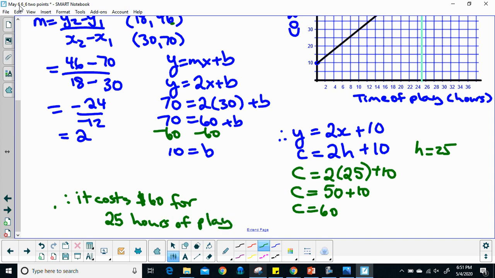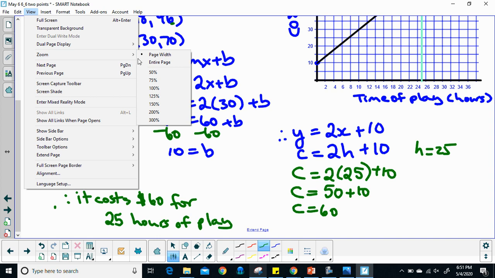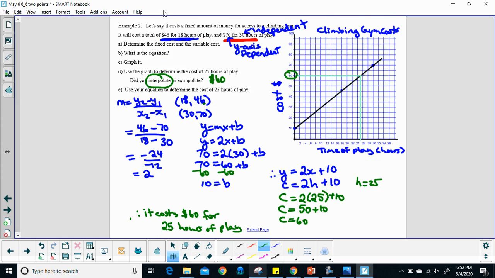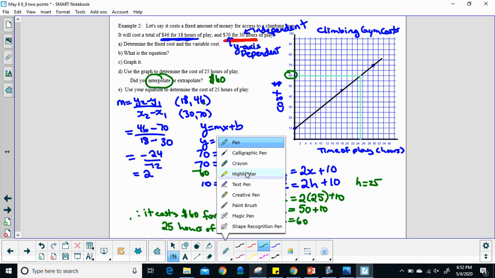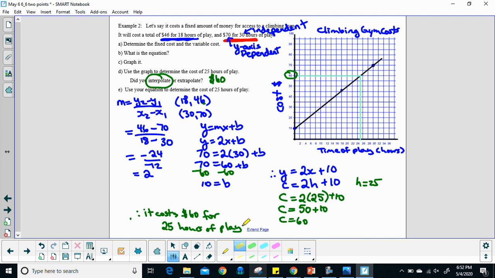So let's look at this in total. I think I missed one of the questions up near the top. Hang on here. Determine the fixed cost and the variable cost. Well, the fixed cost, that's going to be my y-intercept. So we figured that out here. Let's maybe highlight that one because we kind of did that all over the place here. So our fixed cost is our y-intercept.